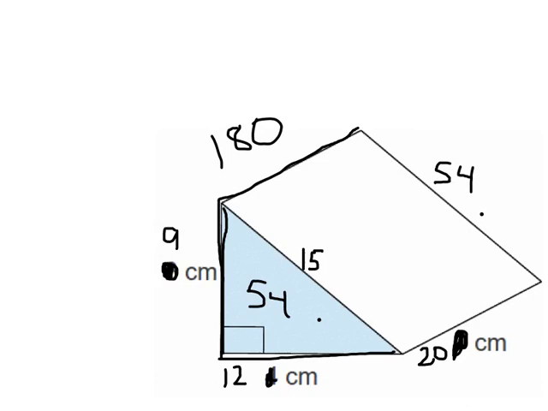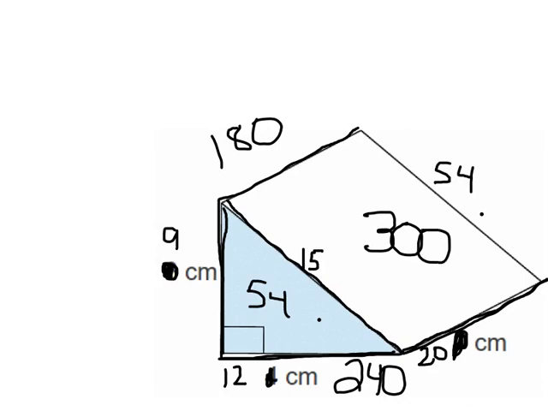The bottom thing that it's sitting on is going to be 12 wide by 20 long. 20 times 12 is 240. So 240. And then this top piece here is going to be 15 times 20, which is going to be 300.